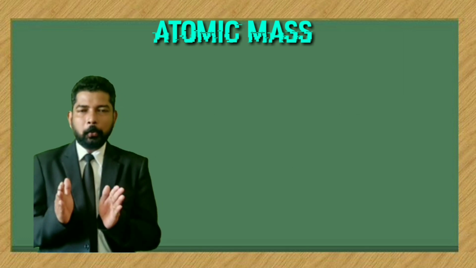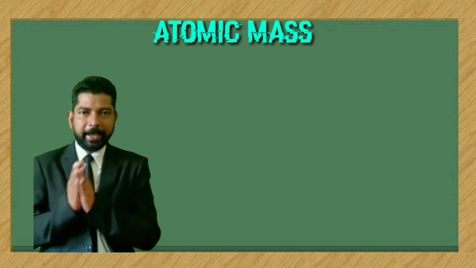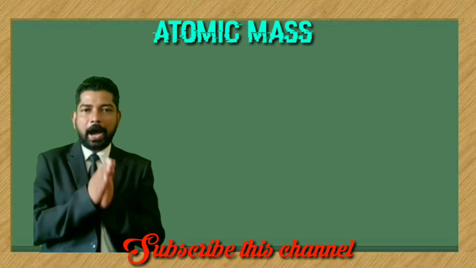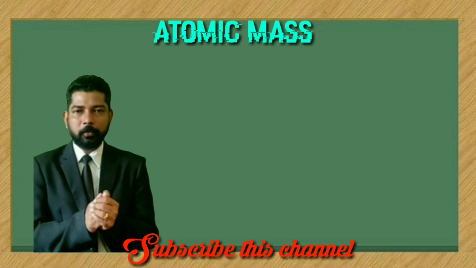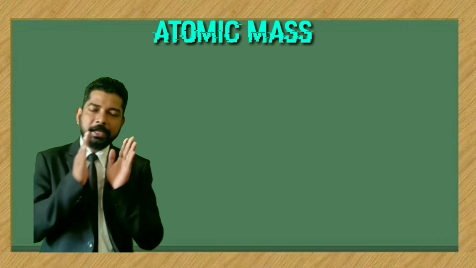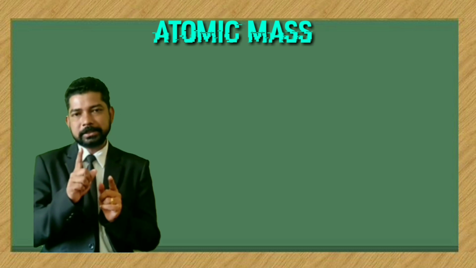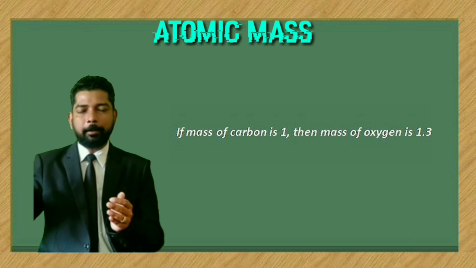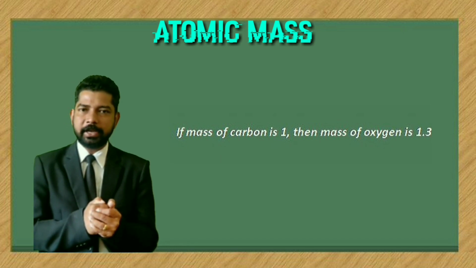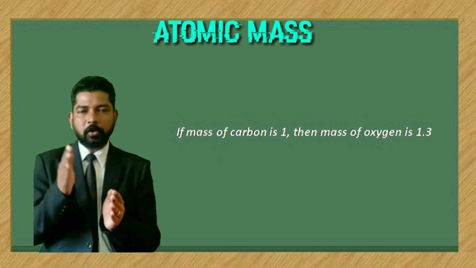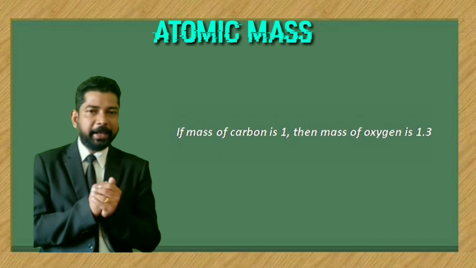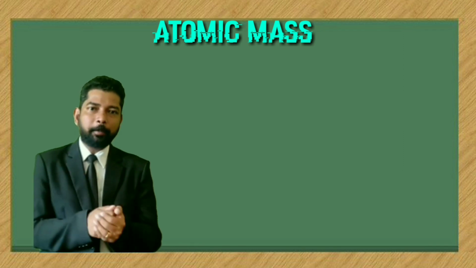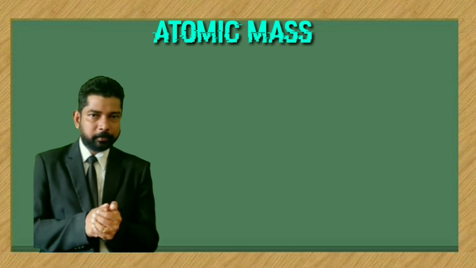So according to that, if you are assigning the mass of carbon as 1 AMU, we are assuming that the mass of carbon is 1 AMU. Then what will be the mass of oxygen? Then the mass of oxygen will be 1.3 AMU, because 4/3, that is 1.3 AMU.